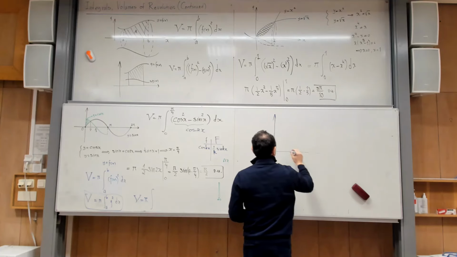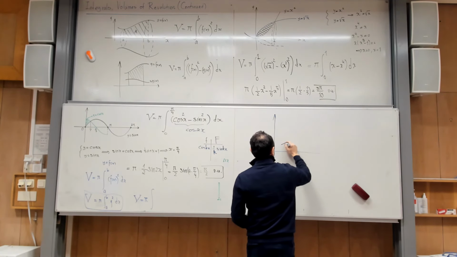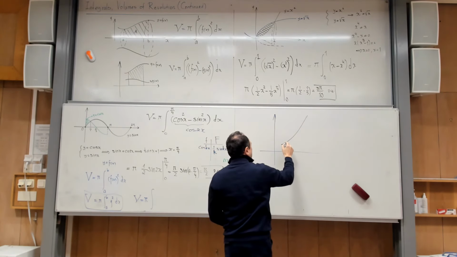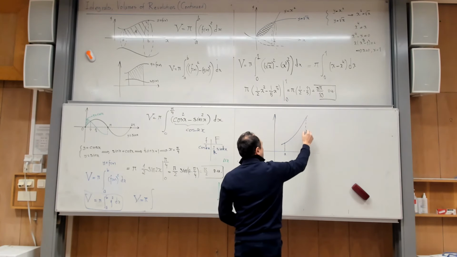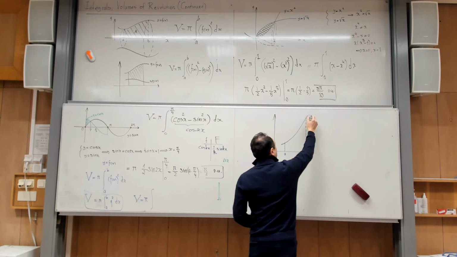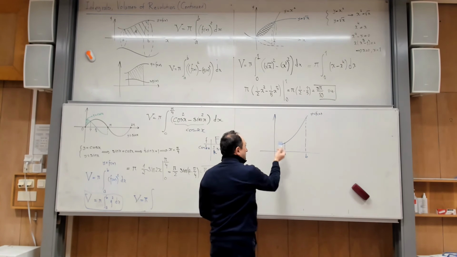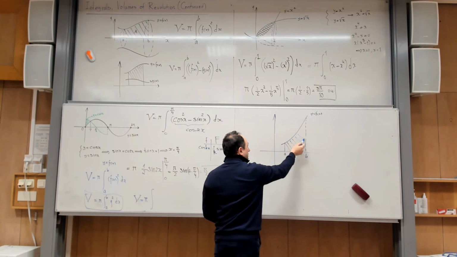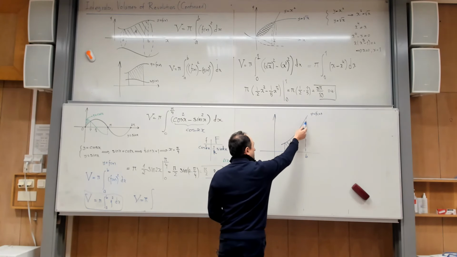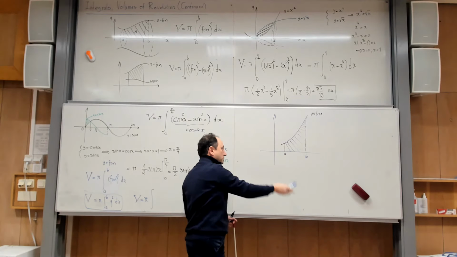For example, here, let me consider this point A, this point B, and assume that this is your function. In the previous formula, we learned what the volume is. What is the magnitude of the volume if I rotate this about the x-axis?